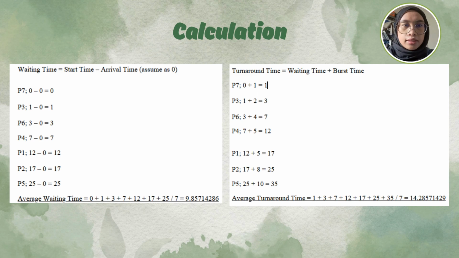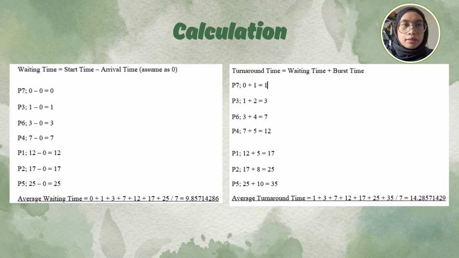P6 we calculate have 3, P4 7, P1 12, P2 17, P5 25. And for the average waiting time, we have 9.8571426.